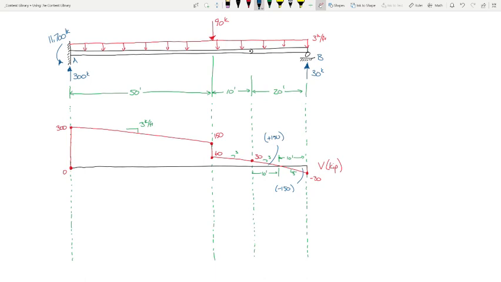Okay? What about this one? Do y'all remember how to do the trapezoid, right? So we'll just average 60 and 30. What's the average of 60 and 30? 45, right? What's 45 times 10? 450. So this one is going to be positive 450. And I want you all to help me out. What's the area under the shear diagram in this region? So we're averaging 300 and 150 and multiplying it by 50 feet.